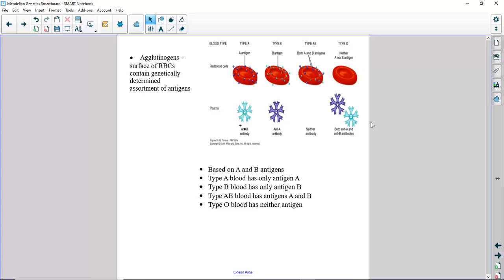Now, blood type O can only receive blood type O. Blood type O has both antibodies, and therefore, if a blood type O person, like myself, received any other blood type, the blood would start clotting, as you'll see on the next slide. It's called agglutinating.